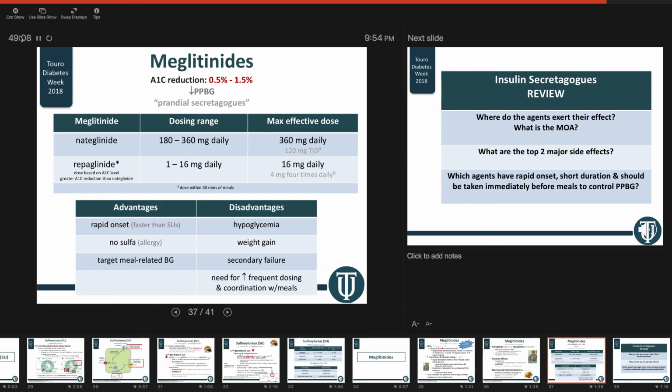For disadvantages, same as sulfonylurea: it will cause hypoglycemia, it will cause weight gain, and you will see secondary failure because these medications push the pancreas to produce more insulin, but eventually the result is to burn the pancreas out. The other disadvantage is that we have to dose the medication more frequently.